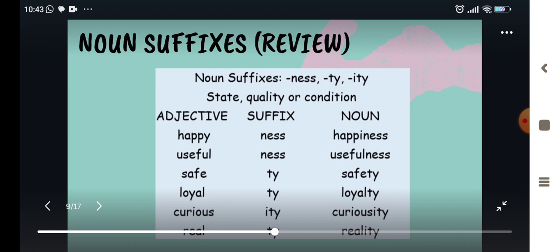Loyal plus ty, we have loyalty. Curious plus ity, we have curiosity. And real plus ity, we have reality. If we notice, adding this kind of suffixes, we are adding to the adjective a meaning of a state, quality, or condition.